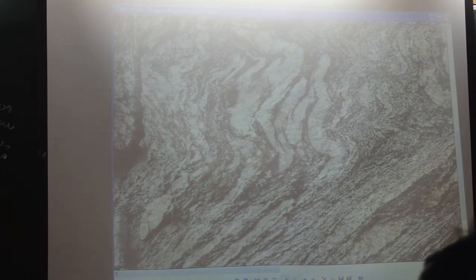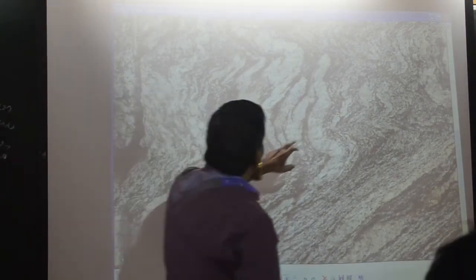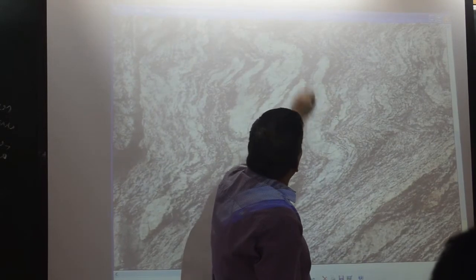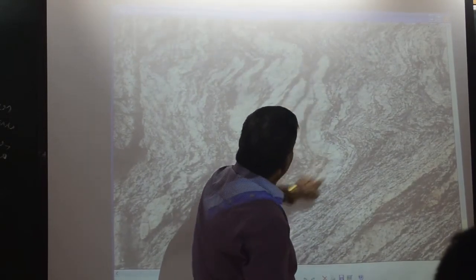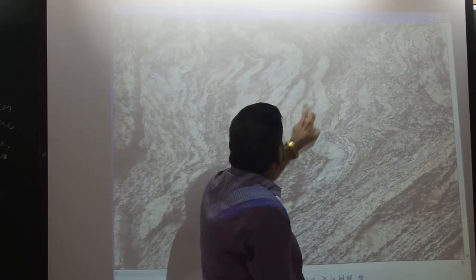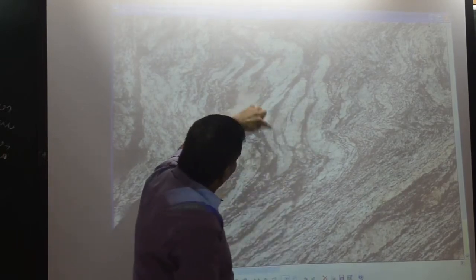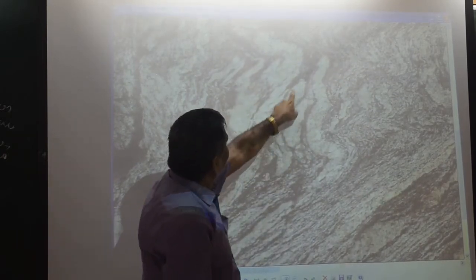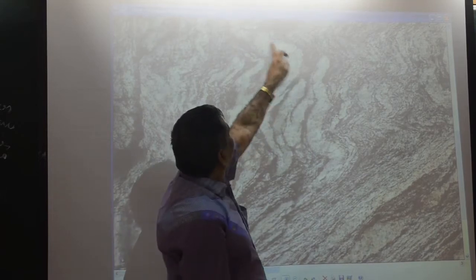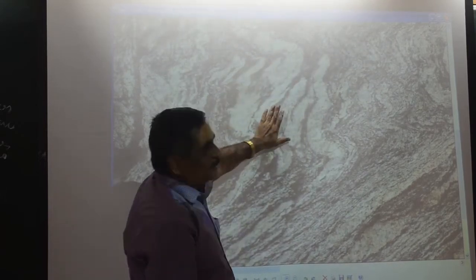What you are observing, you see these folds. I was telling about this fold. Now see this fold. This fold comes like this and goes like this. Another fold goes like this and comes like this. Can you see this part?